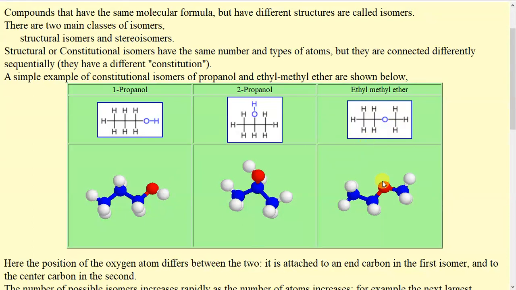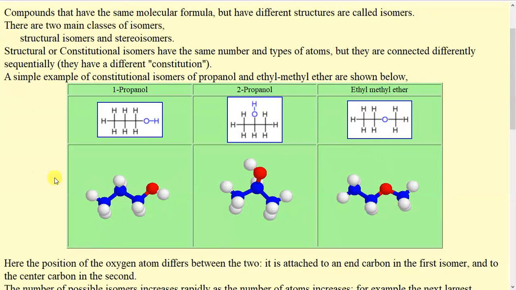So it is clear from the picture and from the 3D structure of each of the molecules shown in the diagram that the connectivity of atoms is different in all three cases.